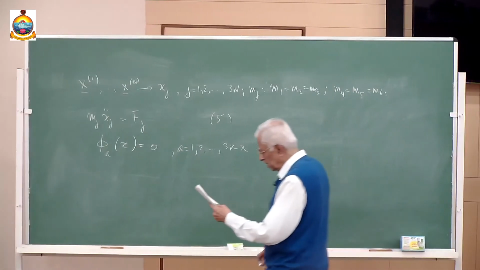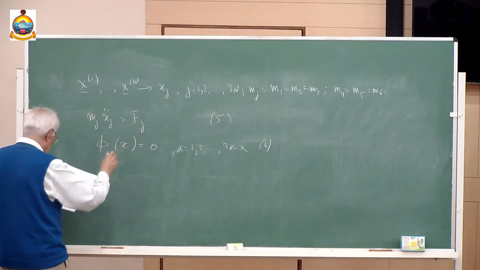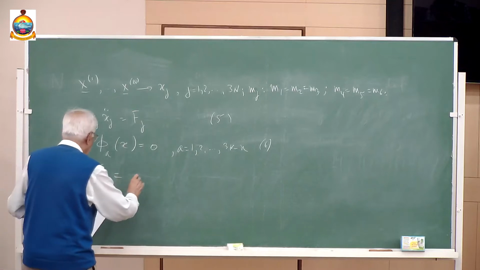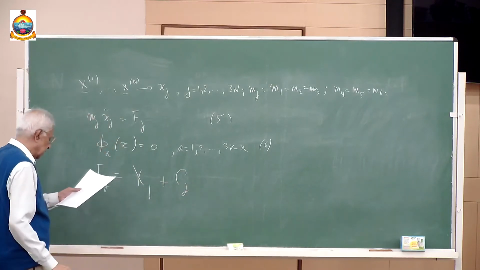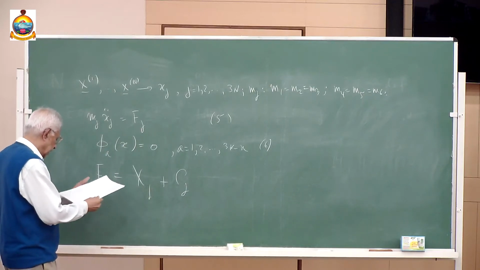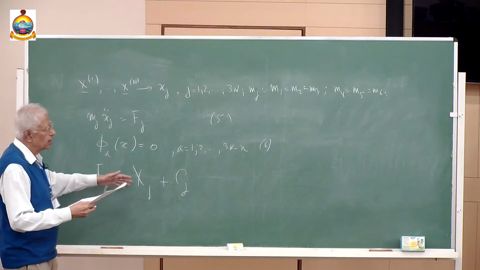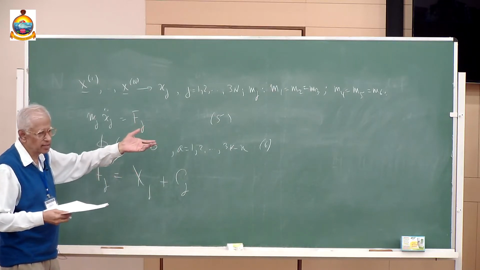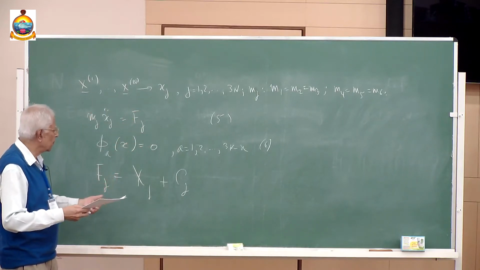So, now we will say that the forces appearing in the Newtonian equations of motion can be split into two parts, X and C. The X's are the known forces of a physical origin due to other particles in the system, due to external fields on the whole system, and so on.